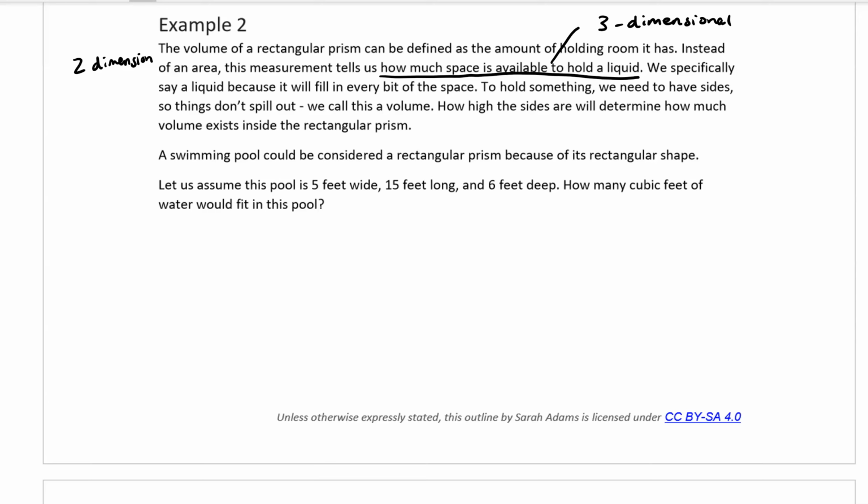A swimming pool could be considered a rectangular prism because of its rectangular shape. Let us assume this pool is 5 feet wide, 15 feet long, and 6 feet deep. How many cubic feet of water would fit in this pool? So I'm going to go ahead and attempt to draw this pool.